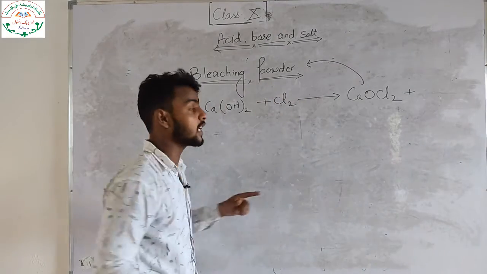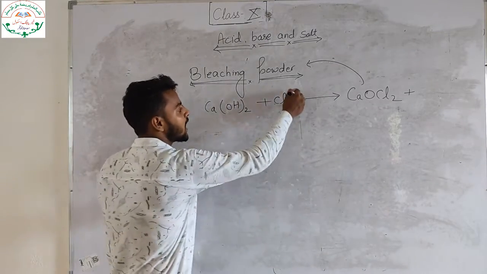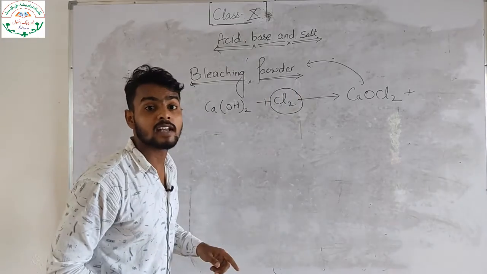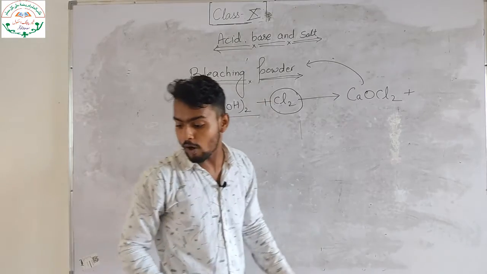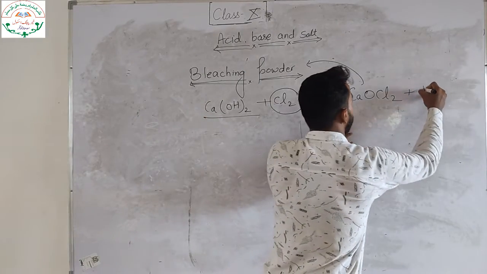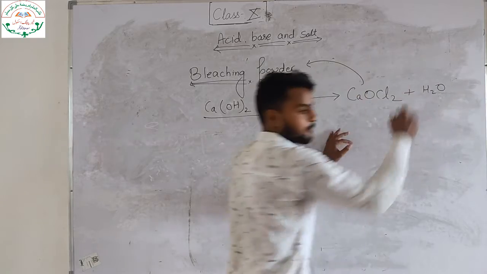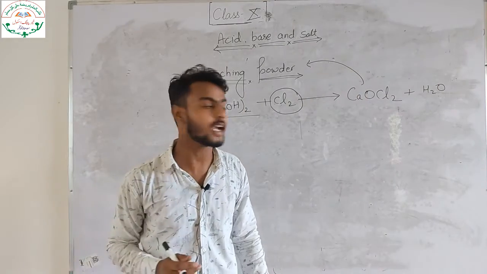From there we can use the chlorine gas here. If we transfer the chlorine gas into the calcium hydroxide, it forms calcium hypochlorite and water.